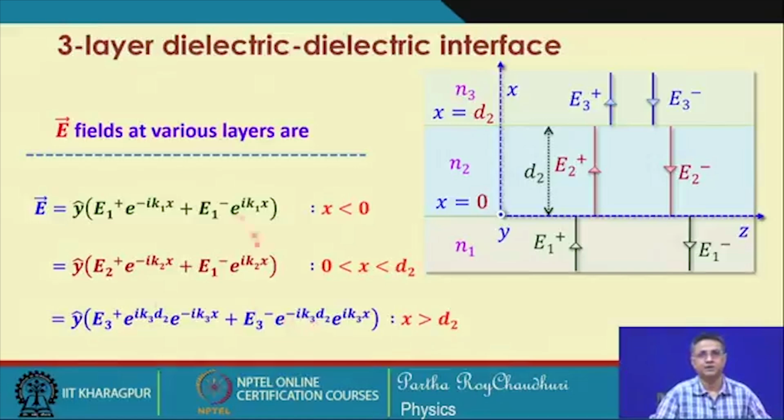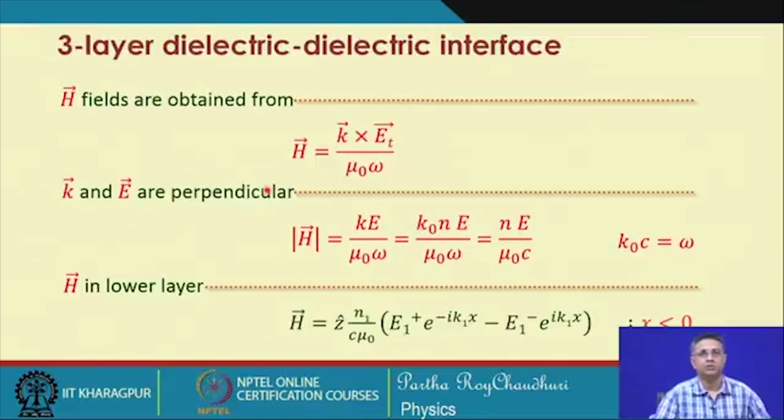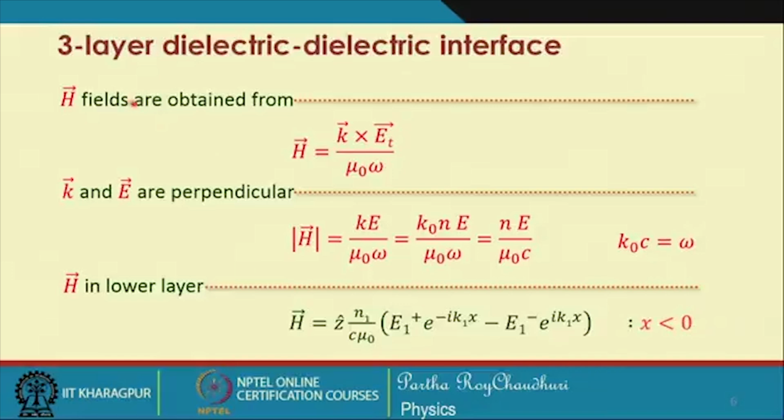So, having known these electric field components in the various layers, we can now find out the magnetic fields by using this equation, that is H equal to k cross E by mu naught omega.